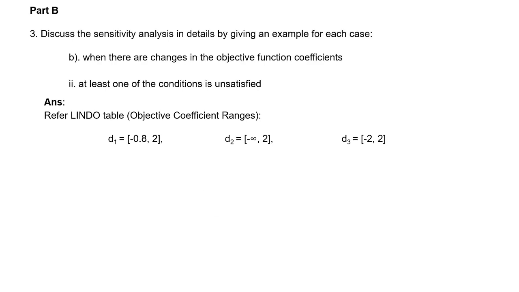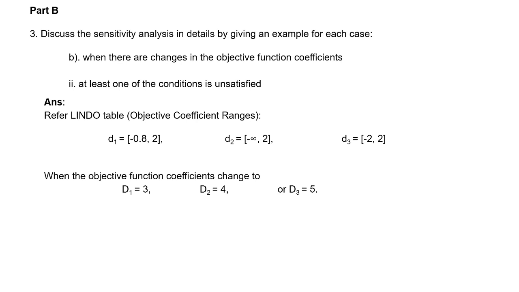Okay, now we move to 3B Roman 2, when the condition is unsatisfied. As we see, this is the optimality range for coefficients x1, x2, and x3. To make the condition unsatisfied, we change the objective coefficients for x1, x2, x3 so that they are out of the optimality range.